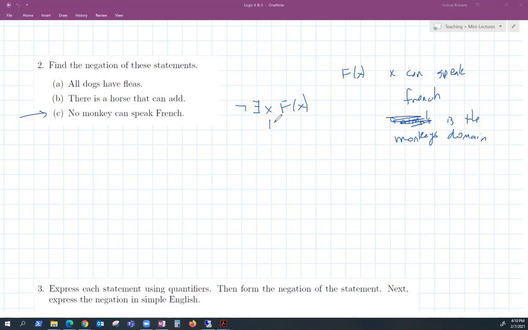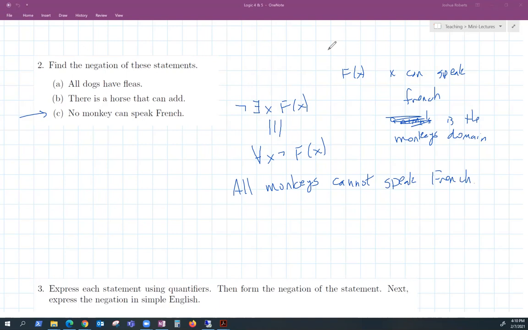So negating this is logically equivalent to, DeMorgan's law tells us to move that existential to a universal and then negate the predicate. So in English, this would be all monkeys cannot speak French. So that's how you negate that.